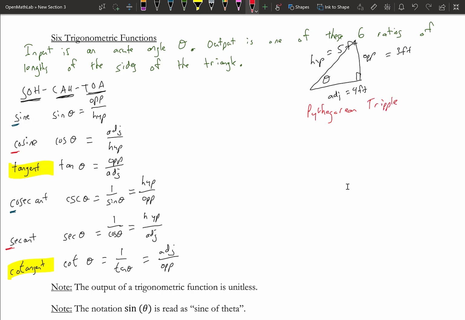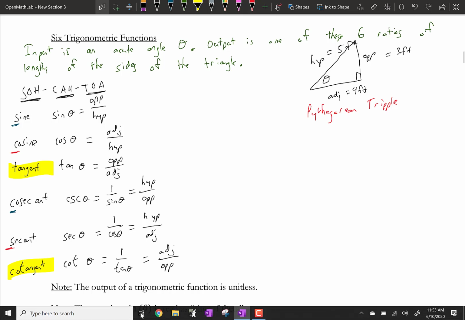A Pythagorean triple is where you have a right triangle and all 3 side lengths are whole numbers. If you just Google Pythagorean triple, you can see there are a lot of examples, and the 3, 4, 5 is probably the most common one used.